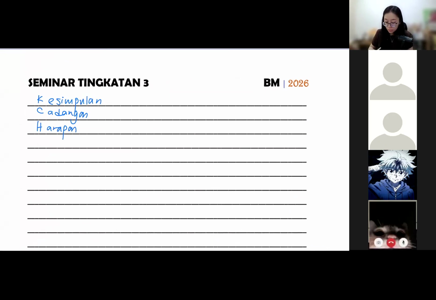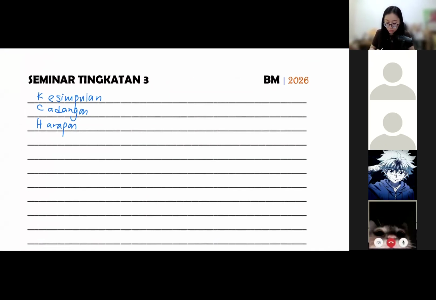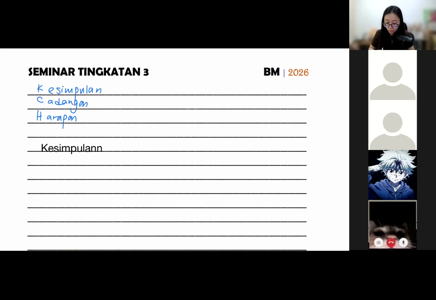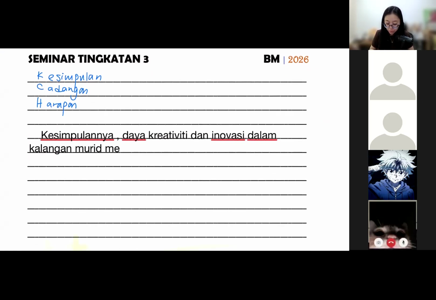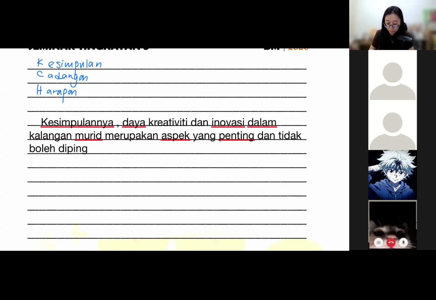So for example here, kesimpulannya, daya creativity dan inovasi amat penting, or you can say it's an aspect is that important dalam kalangan murid, merupakan aspek yang penting dan tidak boleh dipinggirkan.